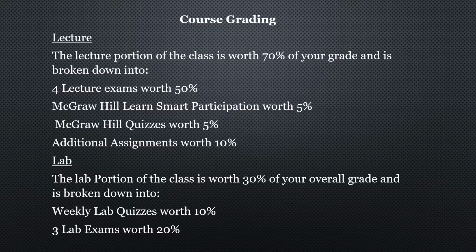You either complete the whole thing or you don't, so you either get a 0 or a 100. I will tell you that is the easiest portion of this particular class, so you definitely want to make sure that you're completing that every week, because that's worth 5% of your grade. Then there's another 5% that comes from those McGraw-Hill quizzes online. And the additional assignments that I told you about are worth 10% of your grade.